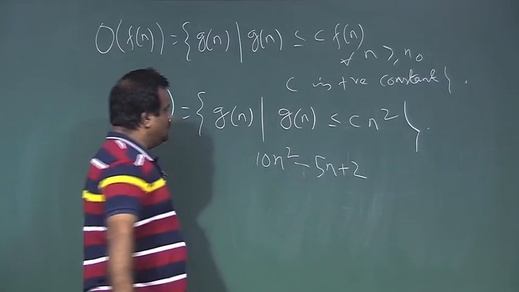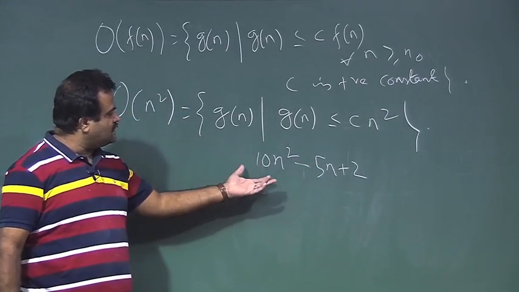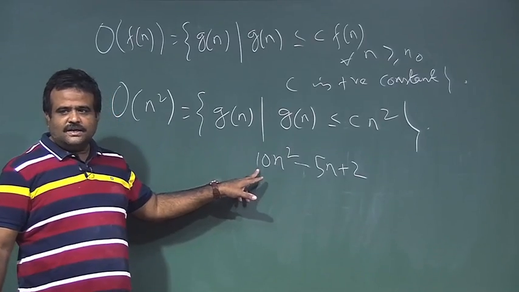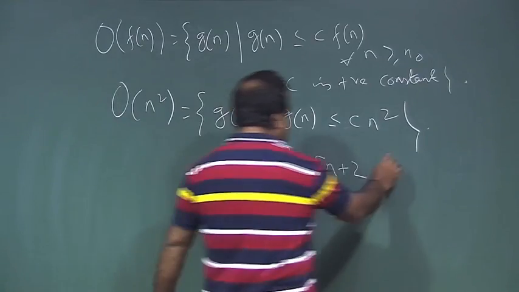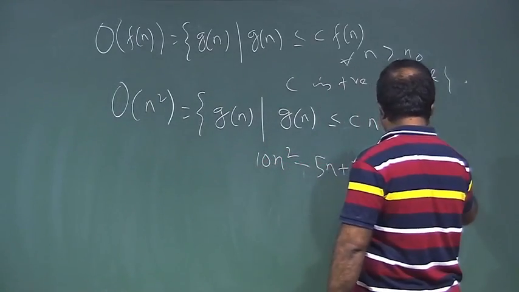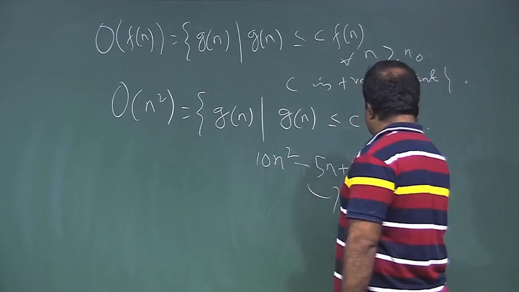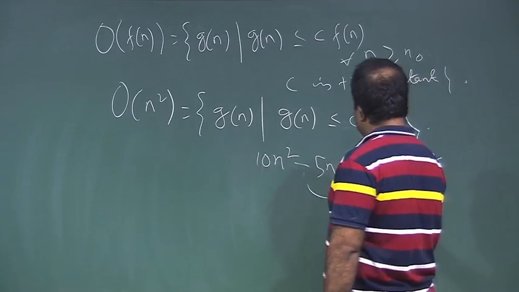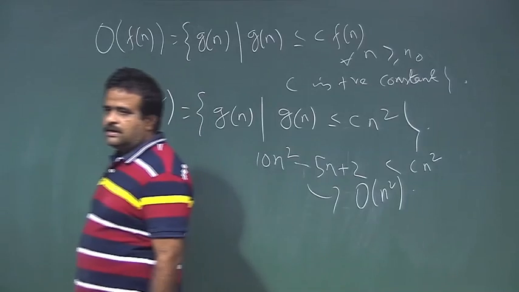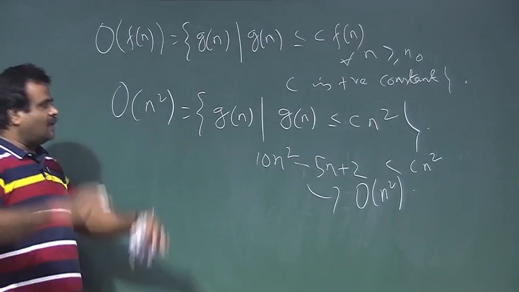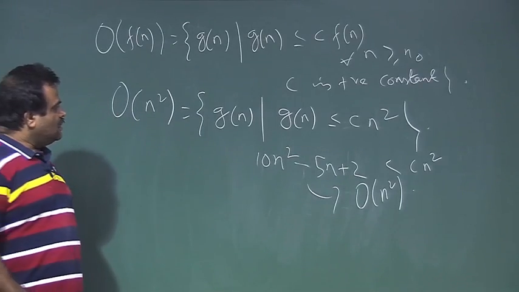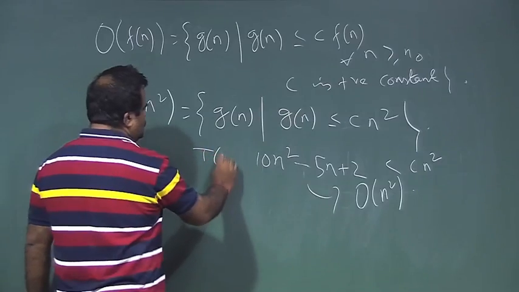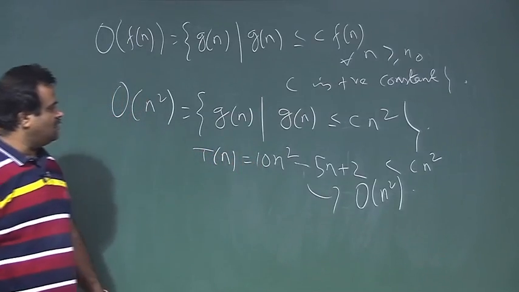Now if we choose C to be, for this example, greater than 10, then this can be shown as less than C n square. So that means this is basically big O of n square. Okay. So this is the big O notation, this is the upper bound. So if our time complexity is this, then this is basically big O of n square.